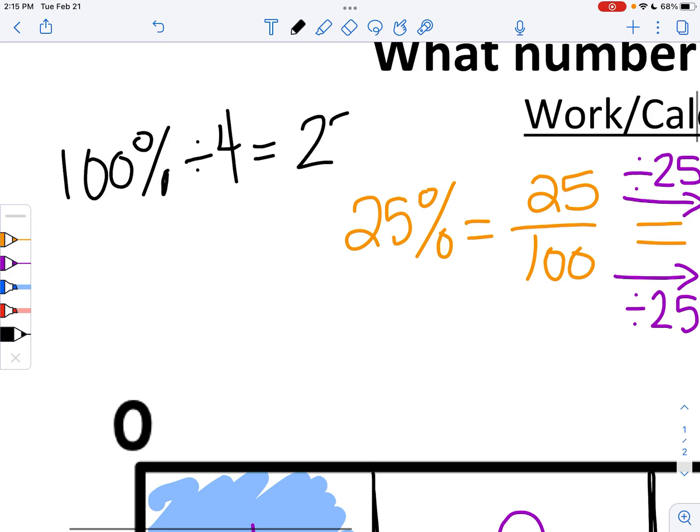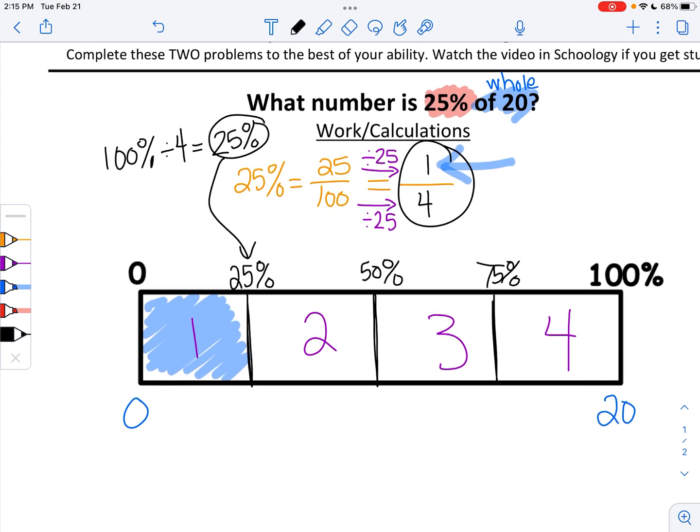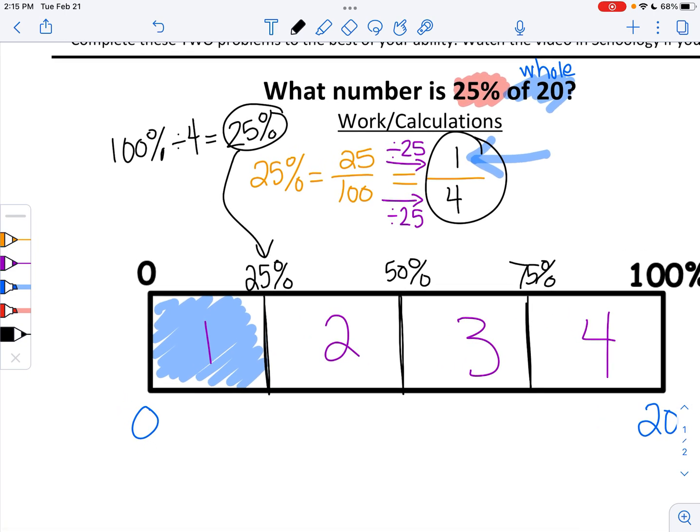And in your calculator, that'll tell you 25%. So that 25% is what we count by on the top. 25%, 50%, 75%. I'm just adding 25s, and that'll get me to 100%.